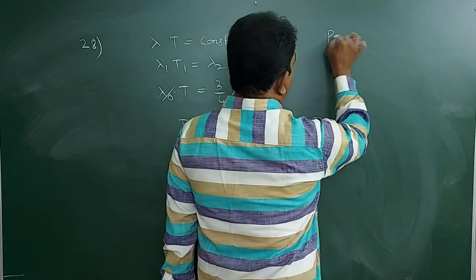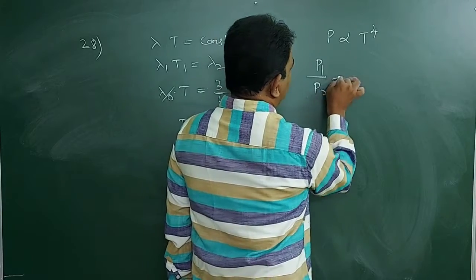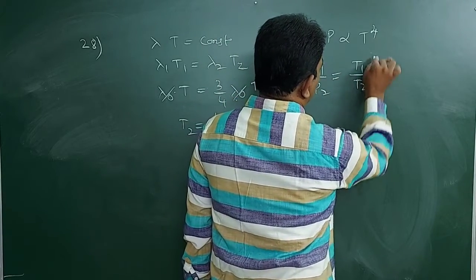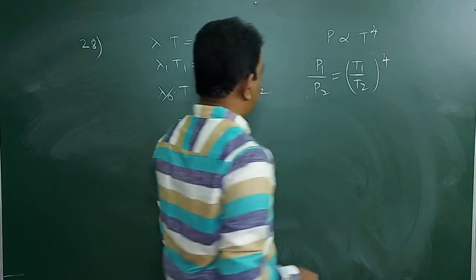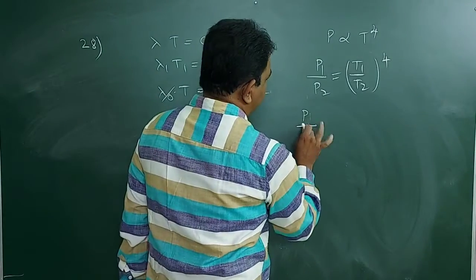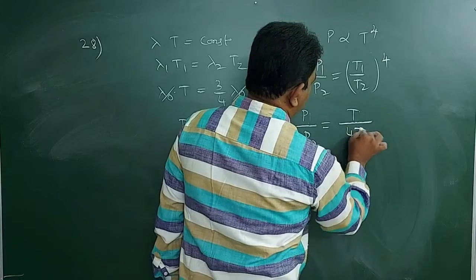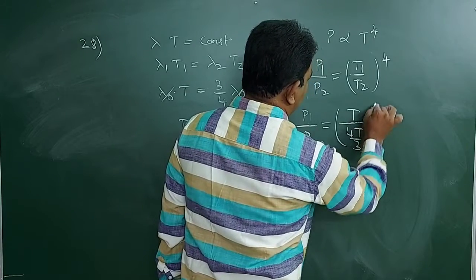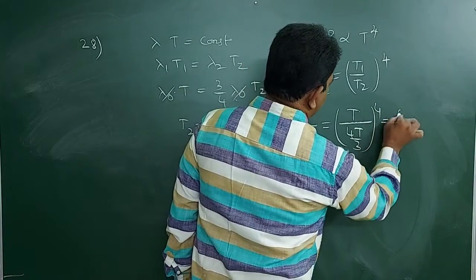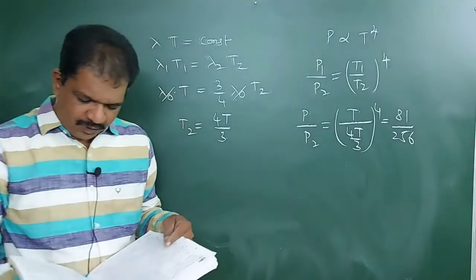So P is proportional to T power 4, P1 by P2 is equal to (T1 by T2) power 4. So this is P1 by P2 is equal to (T by 4T/3) power 4. This is 81, this is 256.